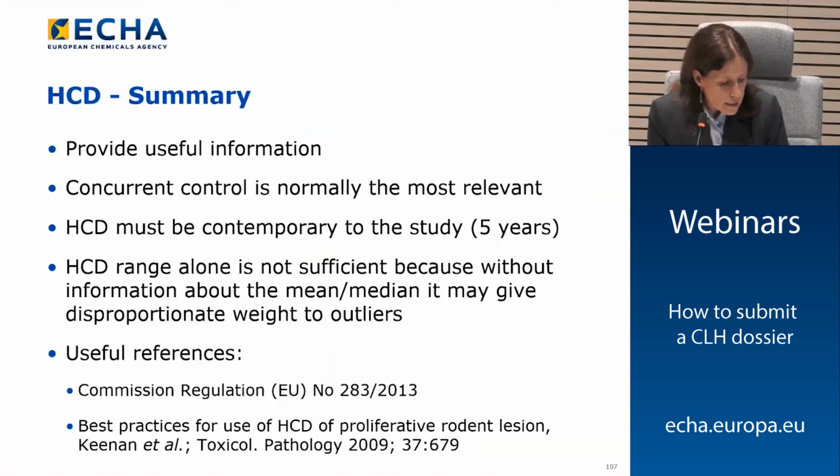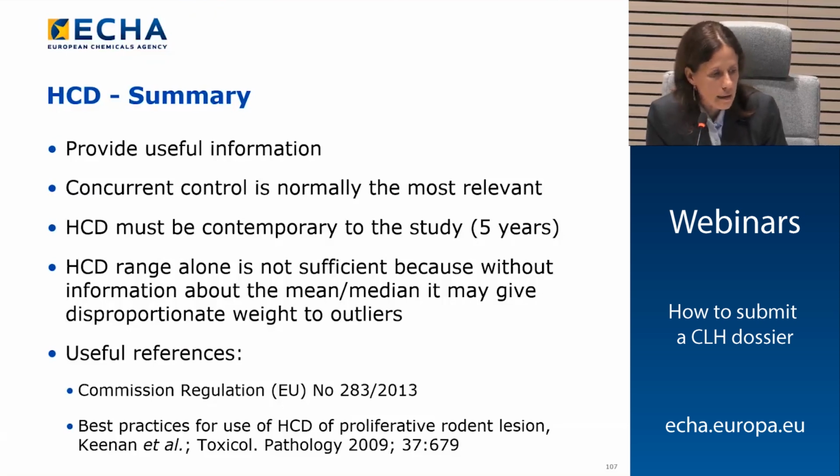And last, some useful references. There is Commission Regulation EU 283 from 2013 for the pesticides, and it sets the requirements for how to include historical control data on pesticide application. Those are not mandatory for ECHA, but if you follow those instructions, it's really good, they are parameters that we also would like to see.